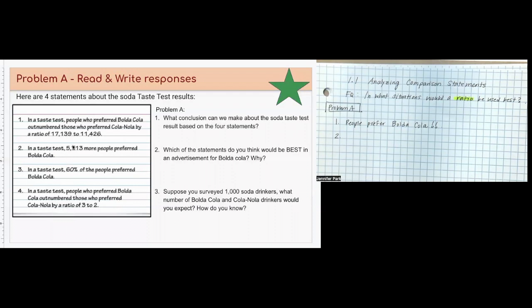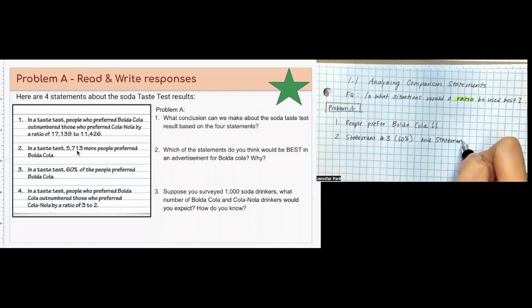Like statement number 1 and 2, they use a lot of large numbers, right? But 3 and 4 are smaller. So it really catches our attention and it's easier for people to relate to. So we're going to write that down. We're going to say statement number 3, that's the one with 60%, and statement number 4, and that's the ratio one, 3 to 2.